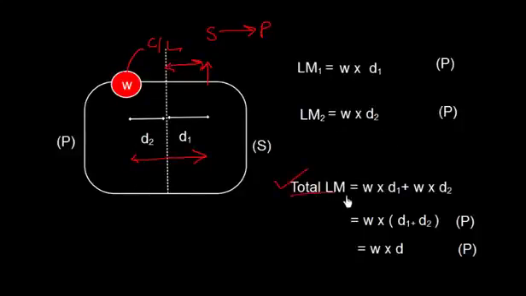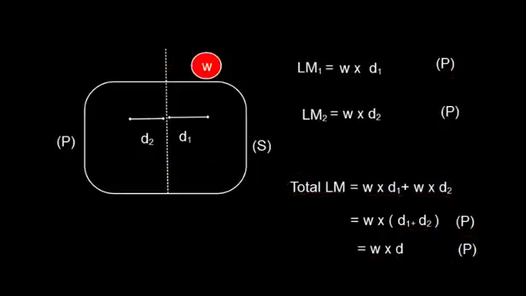Well, how to find the list moment? We will just add, and both are port, so we will add. If they are of different names, then we need to subtract. So W into D1 plus W into D2. This gives me W into D1 plus D2, and D1 plus D2 is nothing but D, so W into D. So we have this list moment towards port.